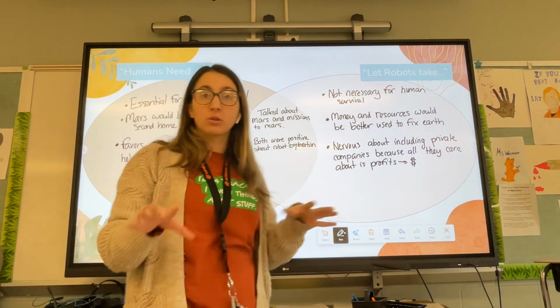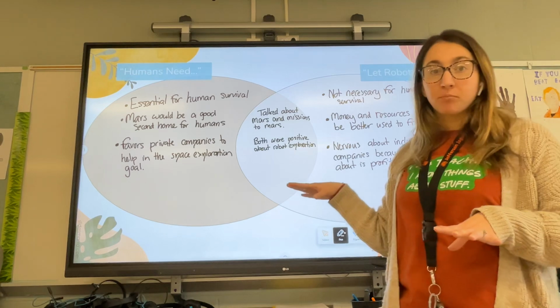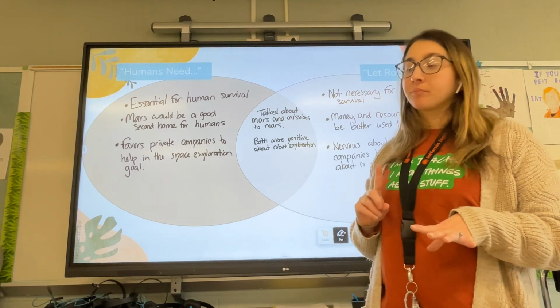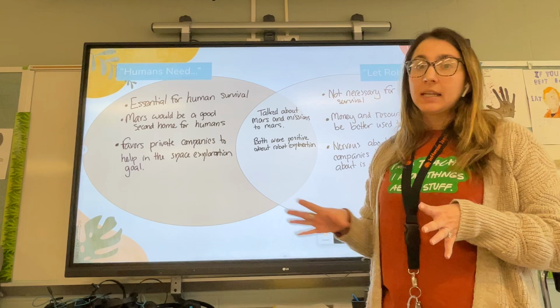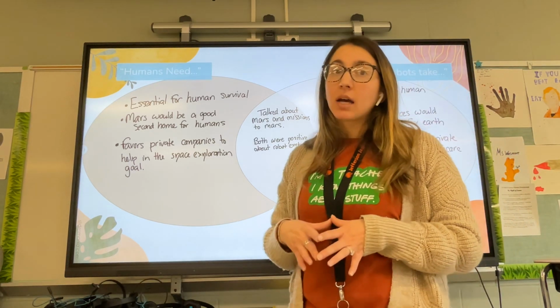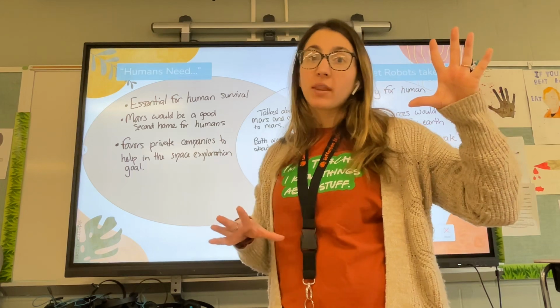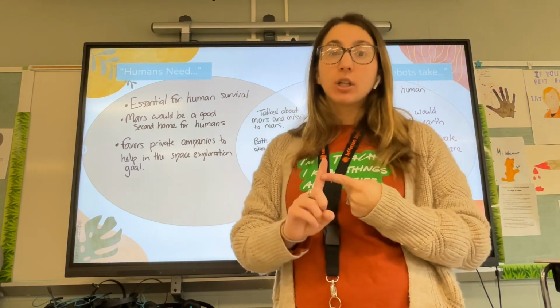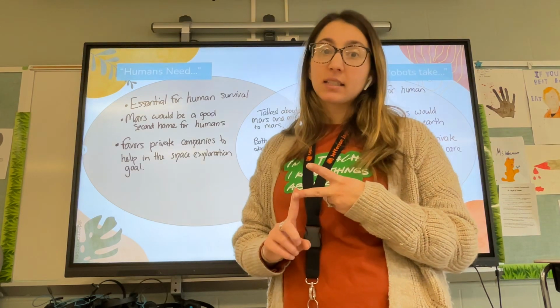So as you can see, we have a lot of things on here, and what I want you to do is make sure you copy these down onto your Venn diagram. What I'm going to have you do right now is, we also talked about a lot of differences in the way the introduction was set up and the way the conclusion was set up, the different hooks that they used and the different types of ending sentences and conclusions.